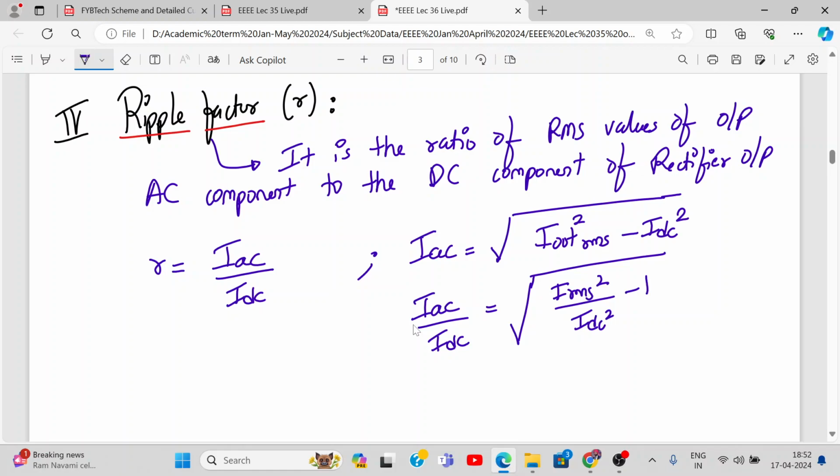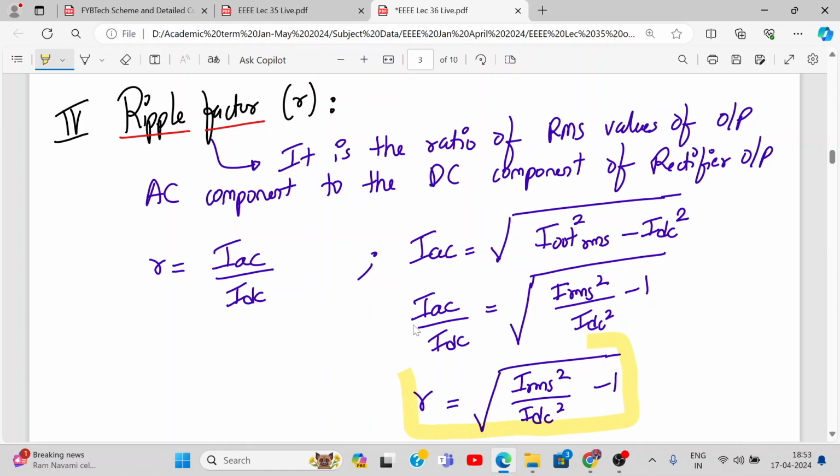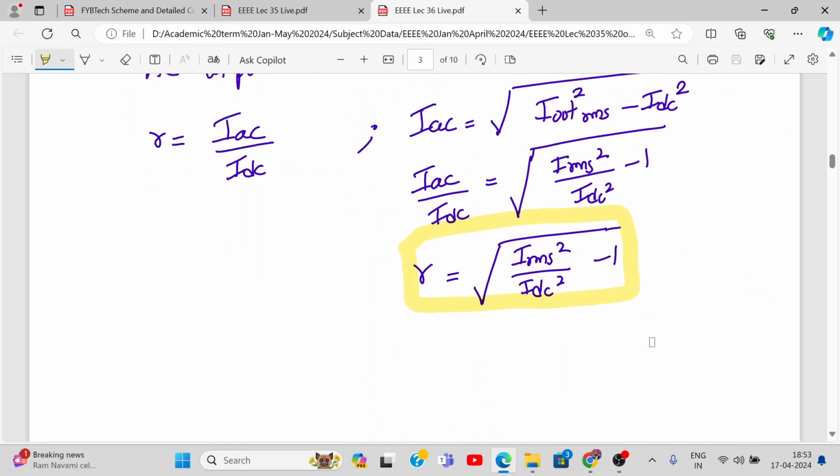So I've just divided by IDC. So when it goes inside, it becomes IDC square. I hope you are following. And this is nothing but r. So r is square root of IRMS square divided by the average value of the output. Okay, so this is the formula for the ripple factor. Please note it down. You don't have numerical for this, so you don't have to worry about solving this.